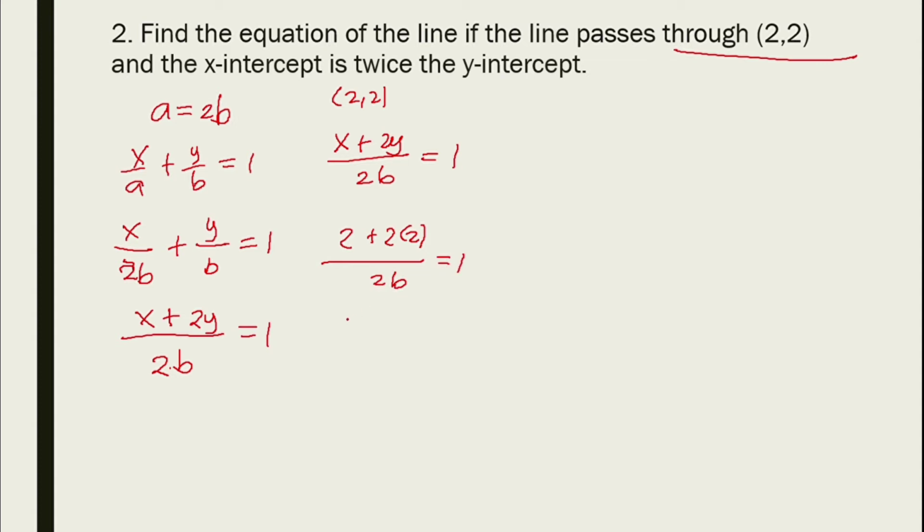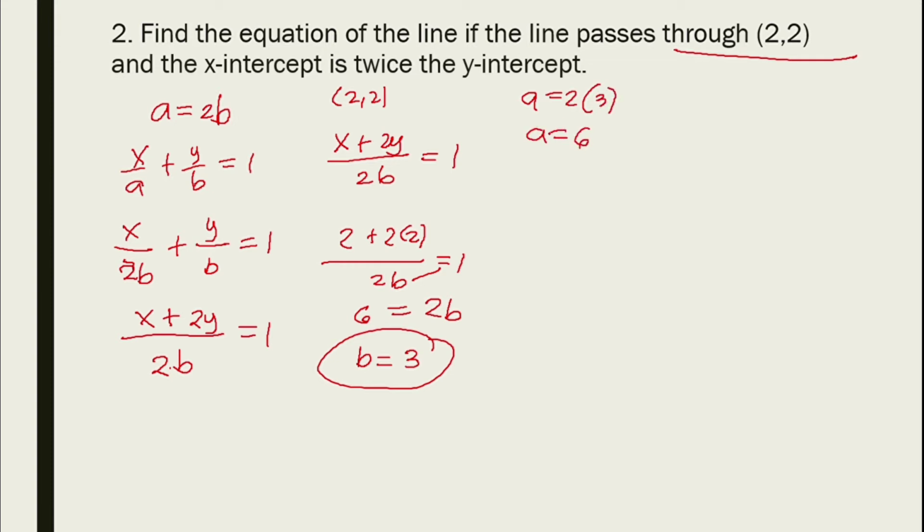Cross multiply: 2 plus 4, this is 6, is equal to 2b. So our b is equal to 6 divided by 2, that is equal to 3. So now we have b, but what is our a? Our a is twice the b, which is 3. So our a is equal to 6.